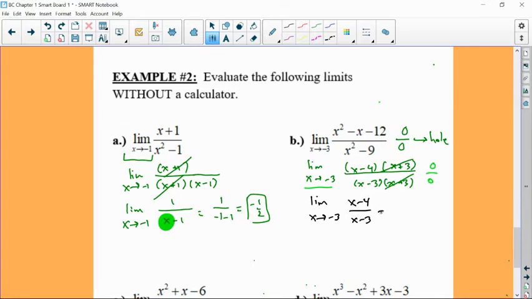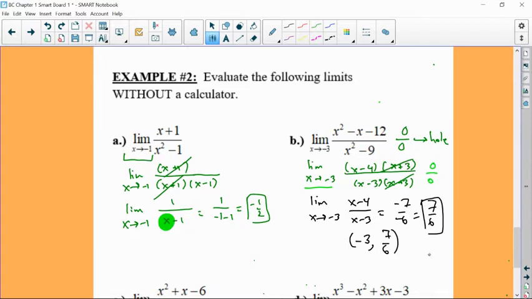Put in your -3. So -3 minus 4 is -7. -3 minus 3 is -6. So we have a value of 7/6. That is our limit value. Now remember, this is the behavior of the function. This would be a y value, a y coordinate. So when I look at the grid at -3, the y value at that point would be 7/6.